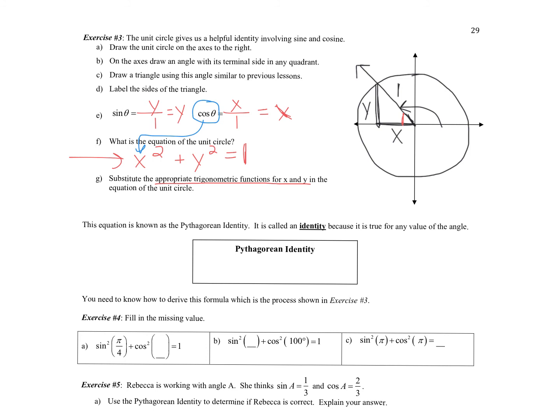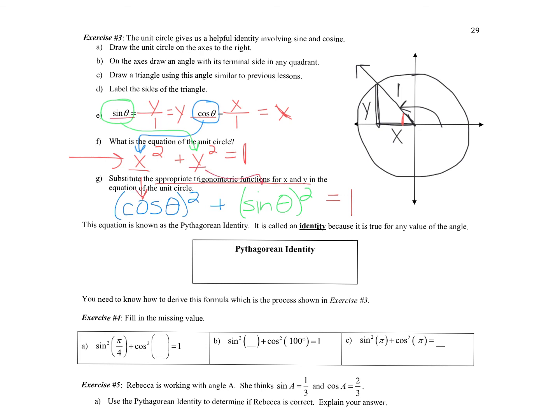And we can take the y out, and we can plug in sine of theta. So it also leads to, and is true, that the cosine of theta squared plus the sine of theta squared has to equal 1. So I've just plugged the cosine in for x and the sine in for y.